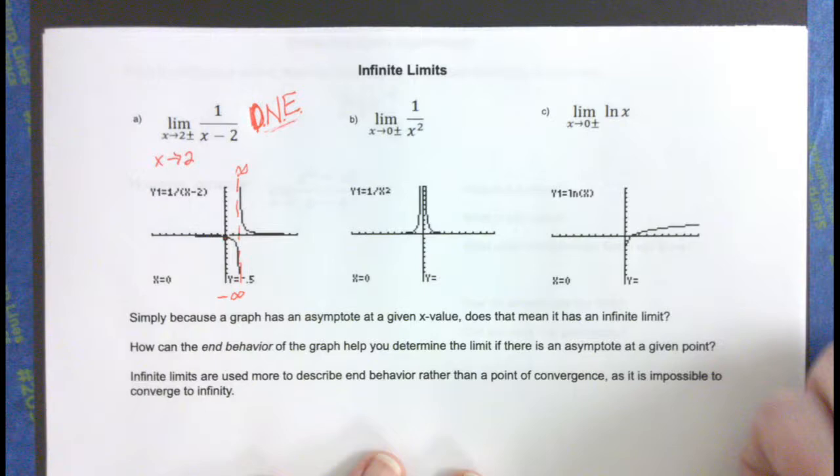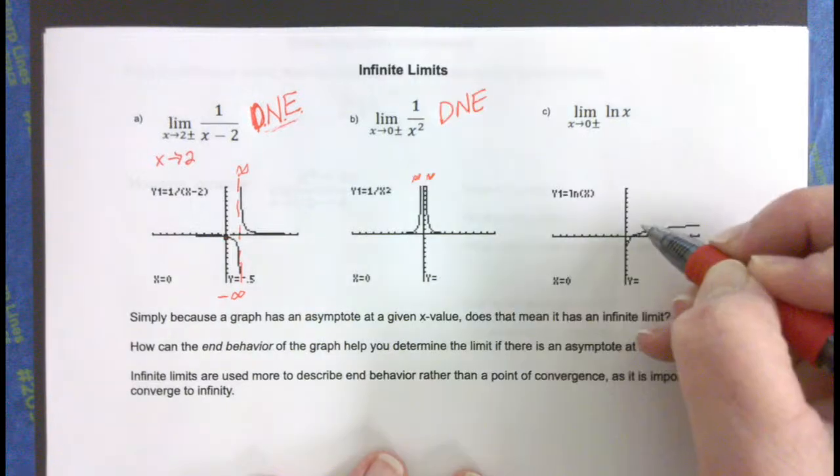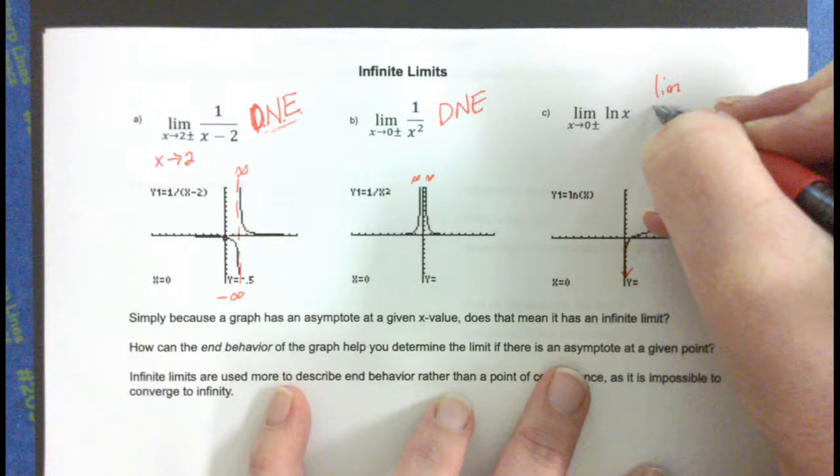The limit as x approaches 0 from the left does not exist, because the function doesn't exist there, so the limit definitely doesn't exist. So that's D-N-E. It also does not exist if it just says as x approaches 0. What has to happen is the limit from the left has to match the limit from the right and be an actual value. But what about piecewise functions?